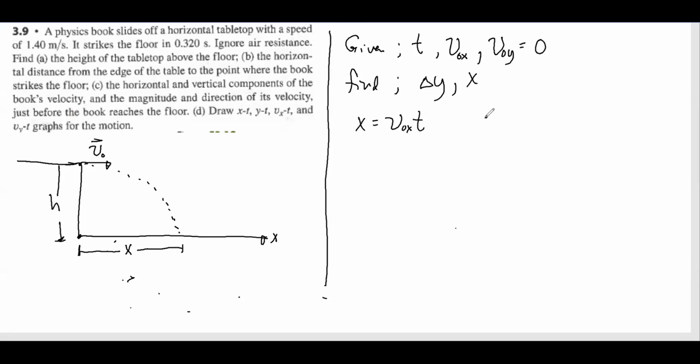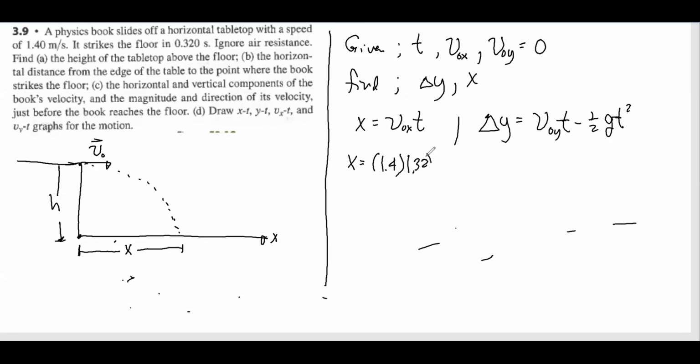And I'll write it this way. Take the y0 to the left-hand side. And so just put in the initial velocity, 1.4 meters per second, the 0.32 seconds, and delta y.